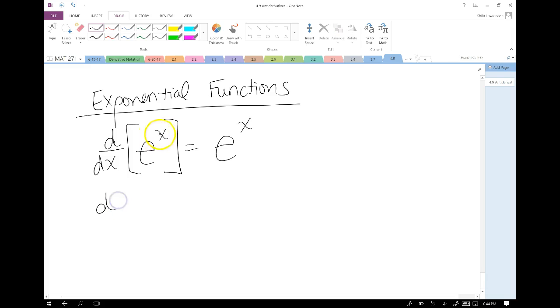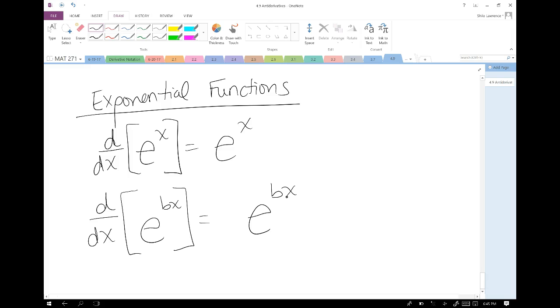If all it is is a coefficient up there, so if it's the derivative for e to the bx, say, well, first we would say it's an exponential, and the derivative of an exponential is always itself. But then we also have to multiply by the derivative of the exponent, which is b.